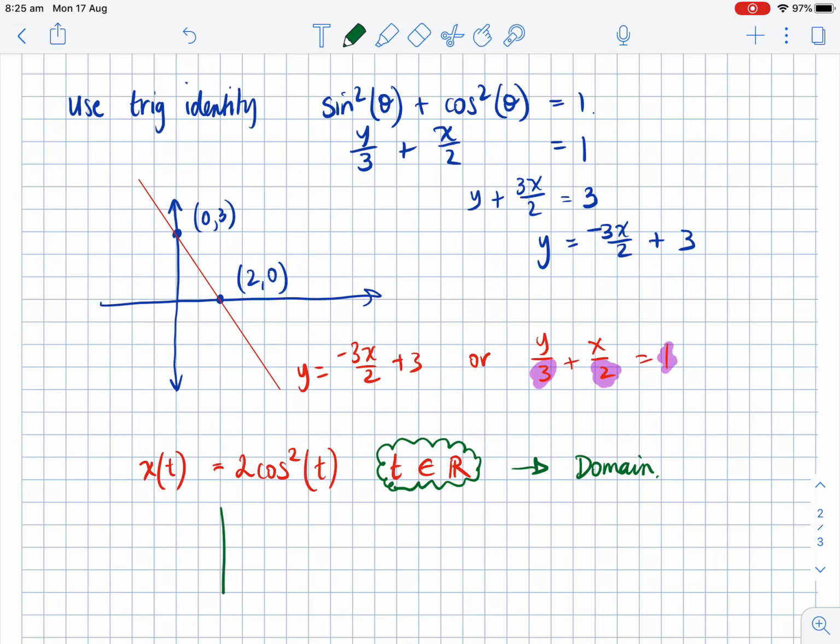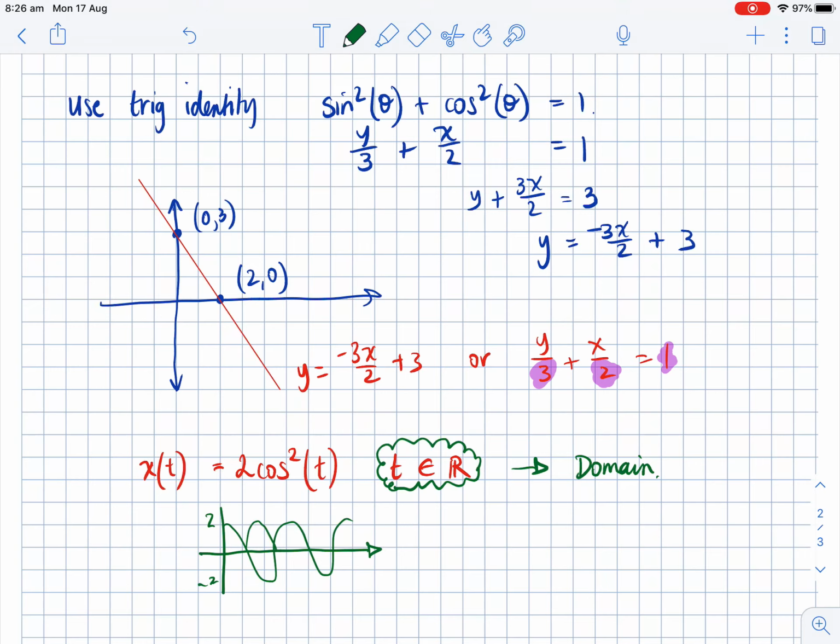So let's have a quick think about what 2 cos squared t looks like. Now if it was 2 cos t, we saw that before, 2 cos t looks like this, up to 2, down to negative 2. Now if we square all of those values as we go along, what ends up happening is when I square a negative, it becomes a positive.